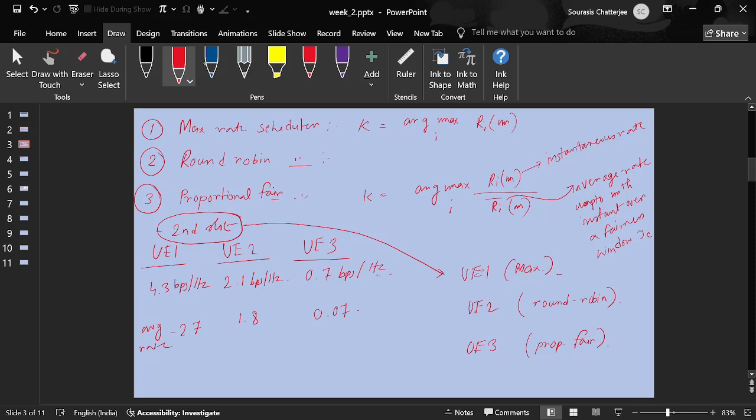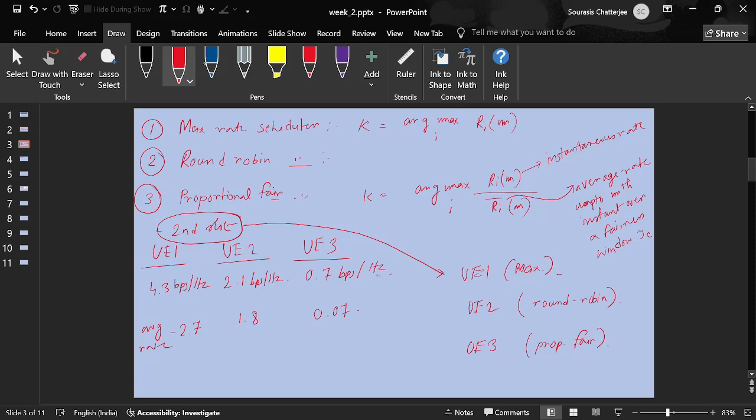First of all, initially it acts close to max rate scheduling, because the user with the stronger channel, since it observes better SINR, is going to be served. But as time progresses, if a user is not scheduled, then its average rate keeps decreasing. So whenever, at any particular time instant, the user's condition is even slightly better, since the denominator is constantly decreasing, the proportional fairness metric increases.